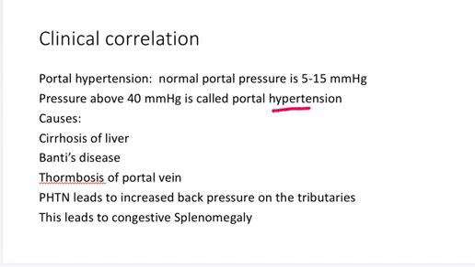Hypertension basically means an increase in the pressure of the blood that is flowing through the portal vein. So we say the patient is suffering from portal hypertension when the pressure inside the portal vein rises above 40 mmHg.